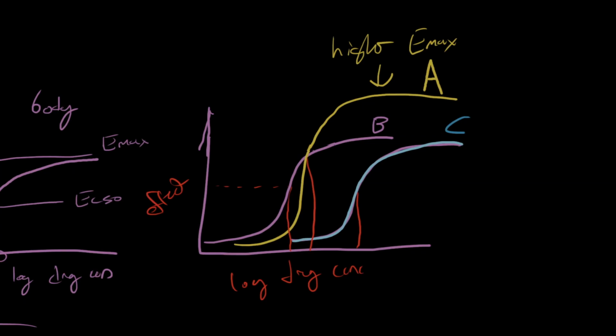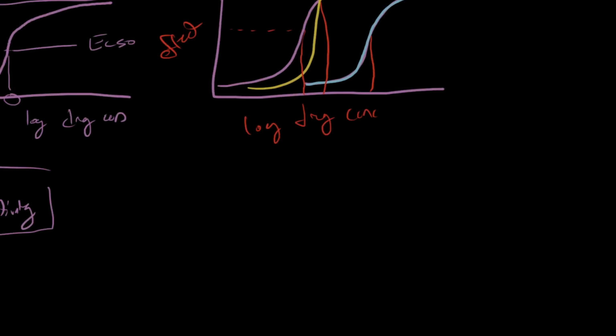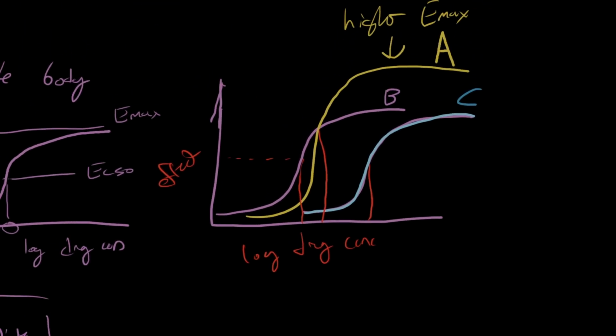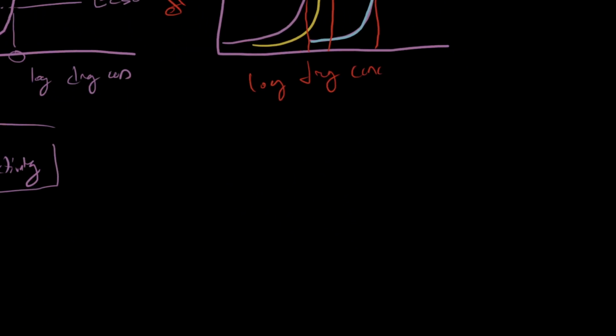So, talking about some additional parameters. If you have a drug that's an agonist, its main effect is on Emax, so it'll have increased Emax.